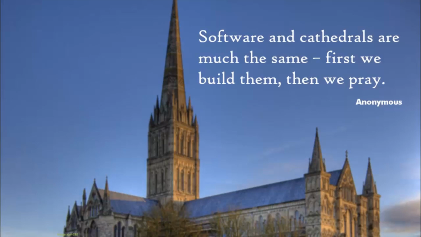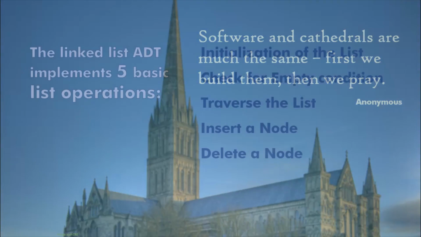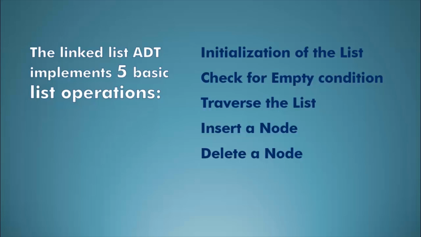So when we talk about creating an abstract data type for the linked list, we think about the basic operations that we need, and there are 5 of them. We need to be able to initialize the list, number 1. Check to see if the list is empty or full, so we can quickly determine whether or not there are nodes. This is rather than running through the contents of the list.